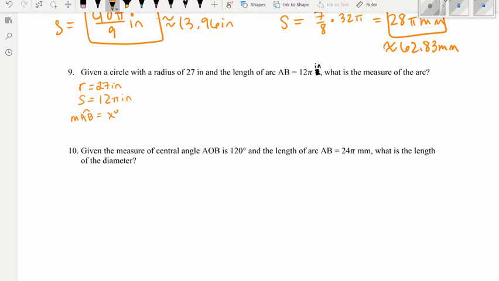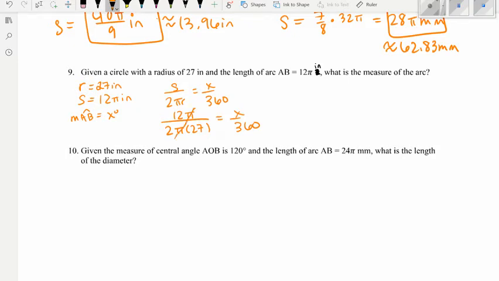So if we use the other formula, s over 2 pi r equals x over 360, might be a little bit easier to solve for x, since all we have to do then is multiply by 360. So we have, in this case, s, which is 12 pi, over 2 pi times r, which is 27, equals x over 360. So right away we can see that the pi's are going to cancel out.